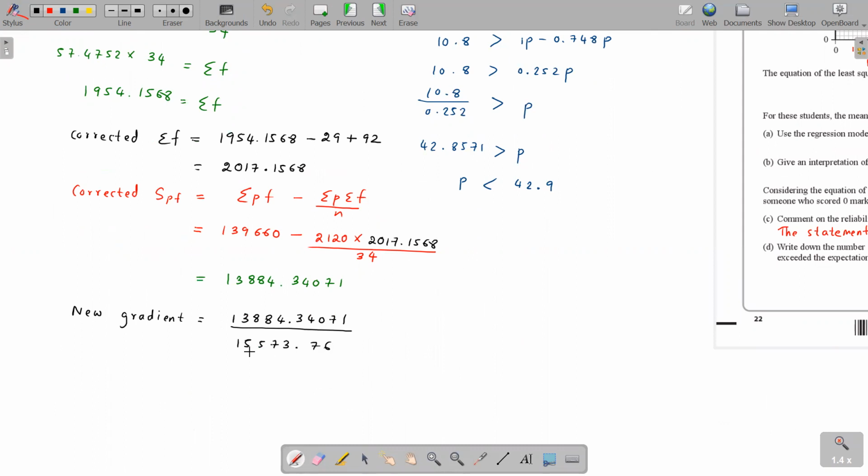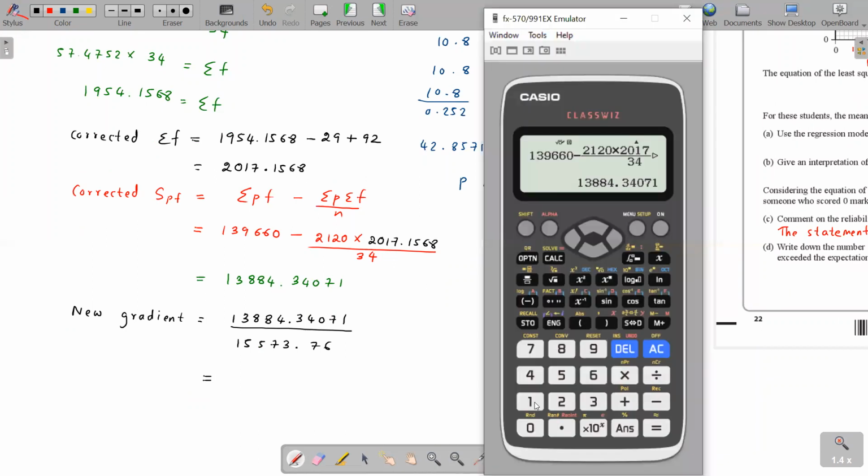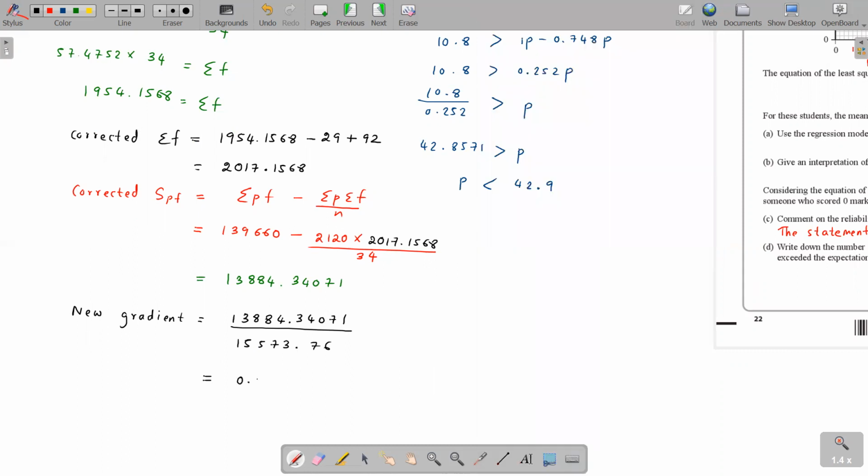Divide and tell me the answer. How much is it? 0.8915.